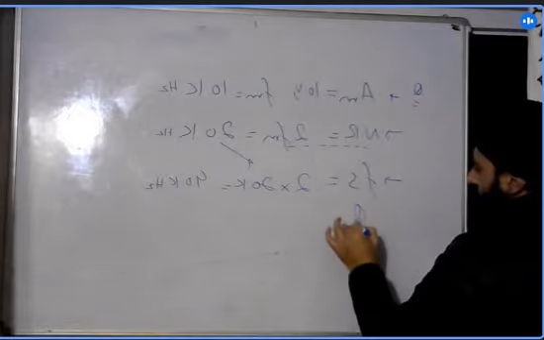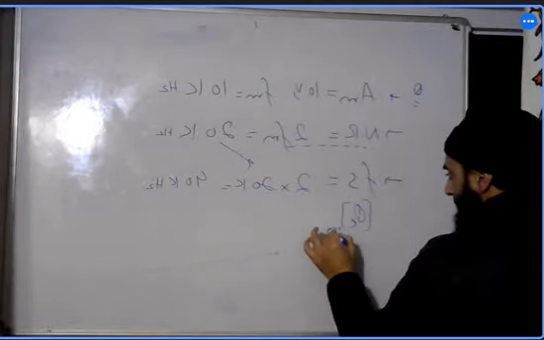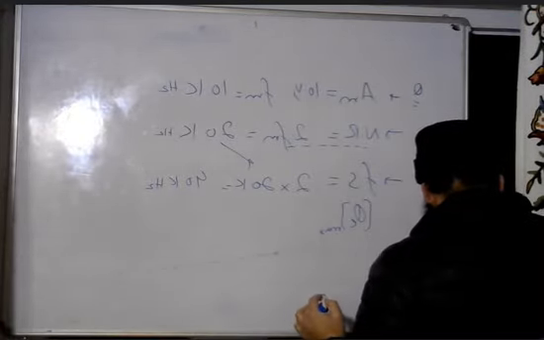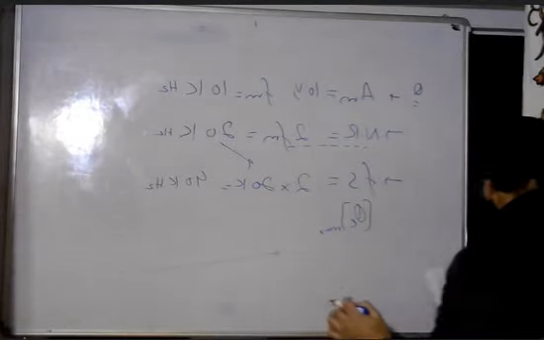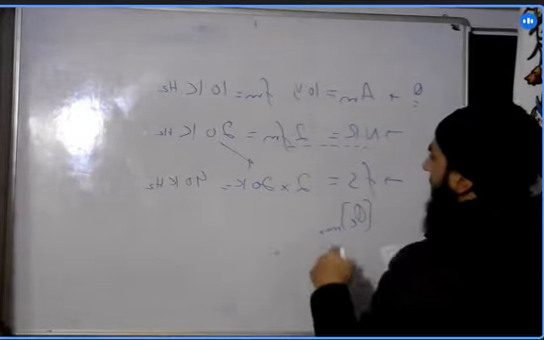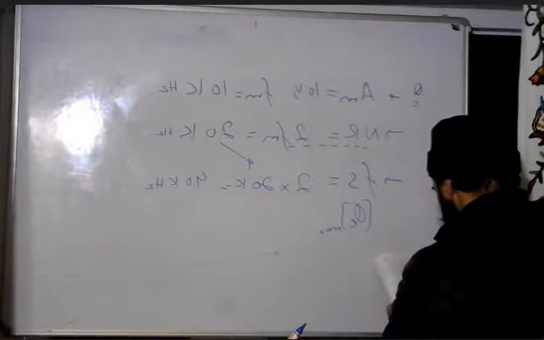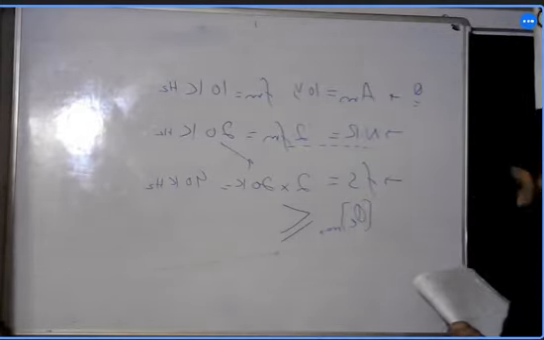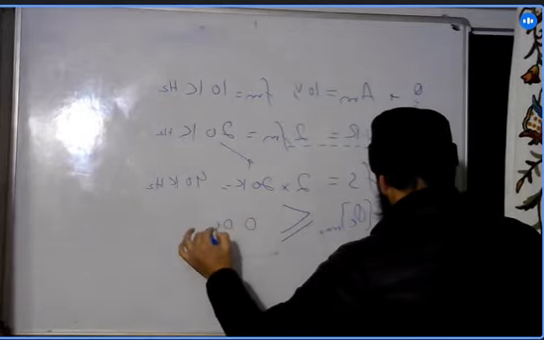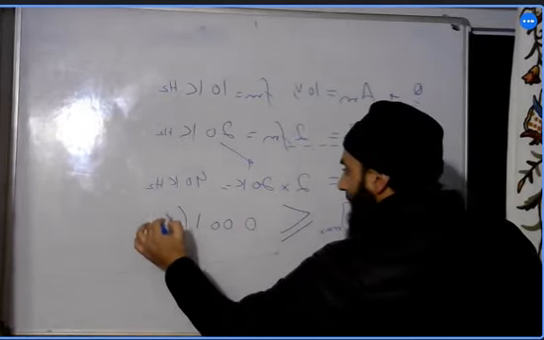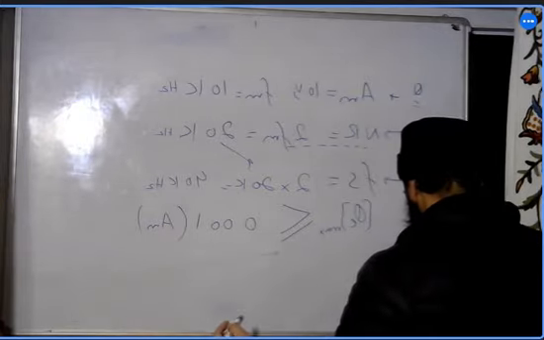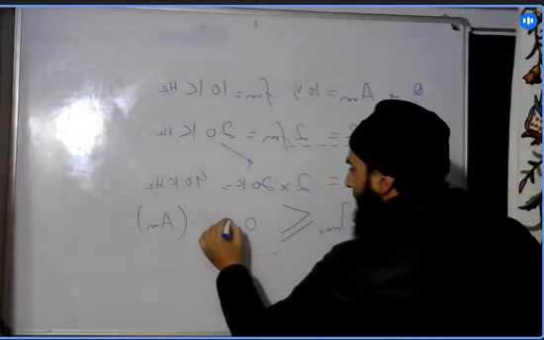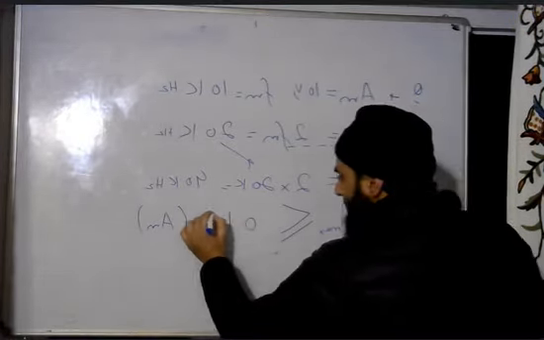Now it is given that QE max should be at max how much? 0.1% of Am. So I can say QE max should be less than or equal to 0.001 of Am, or else I will write it this way: 0.1 divided by 100. 0.1% of this.